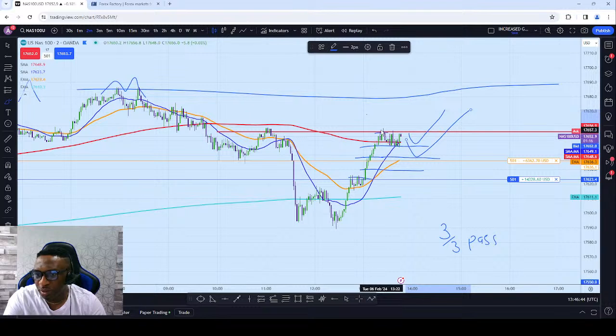We are considering this move from here to the top here. So I halved it, then 1/3, another third of the move.